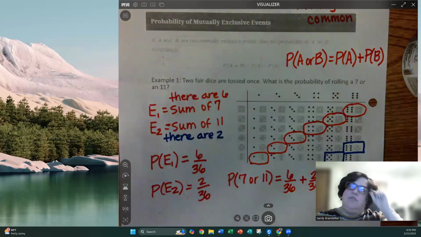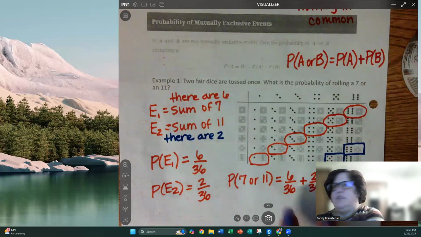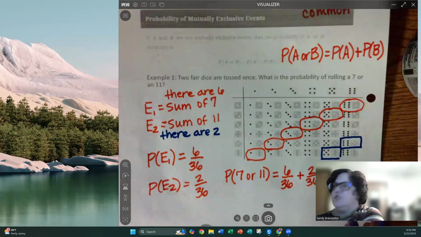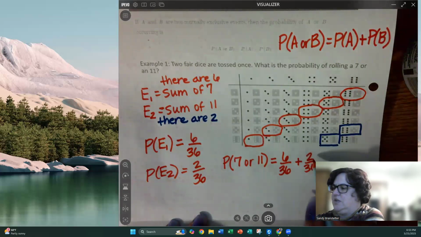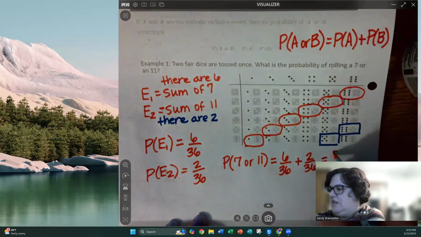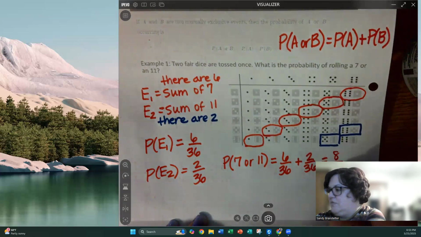When we're adding with fractions, we need a common denominator. So notice they both have 36. So in this case, we're just going to add the 2 top numbers. 6 plus 2 is 8. The bottom number stays the same.